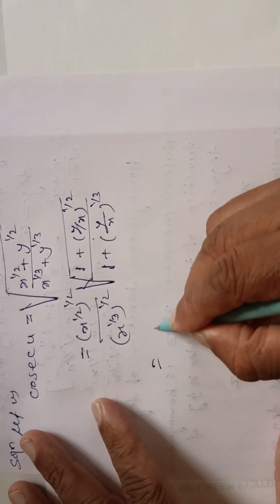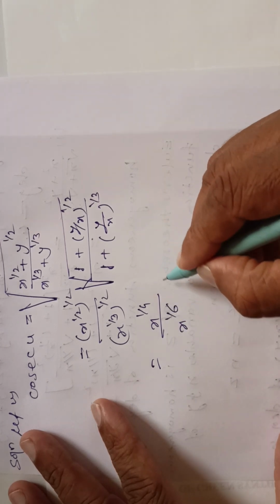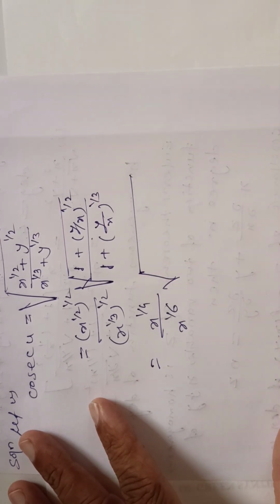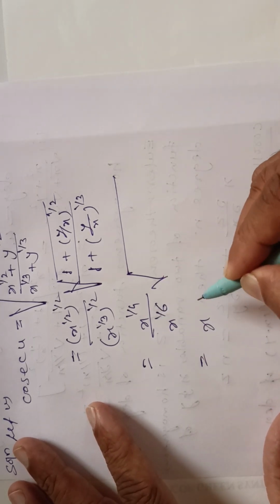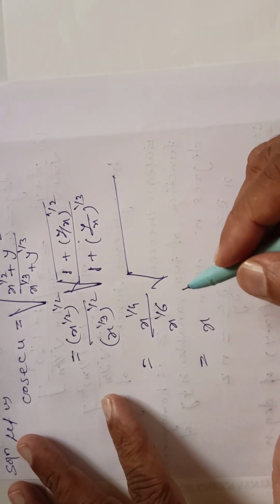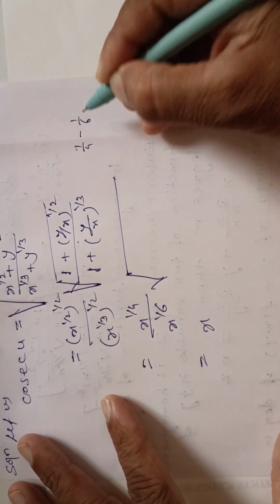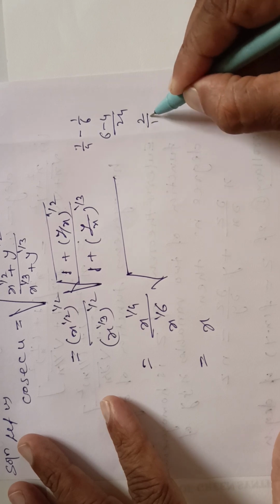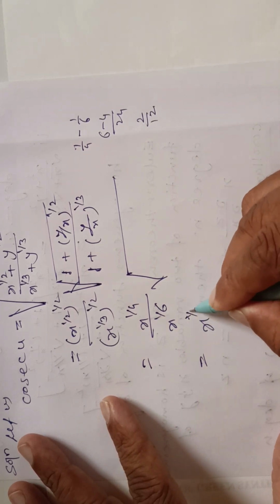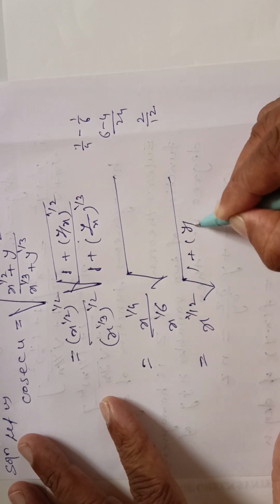So here in the numerator x to the power 1 by 4 upon x to the power 1 by 6, and this as it is. Now if you calculate this, you will get x to the power 1 by 4 minus 1 by 6. So if you perform the calculation, 1 by 4 minus 1 by 6, 6 minus 4 upon 24, that is 2 upon 24, 1 upon 12 into bracket.